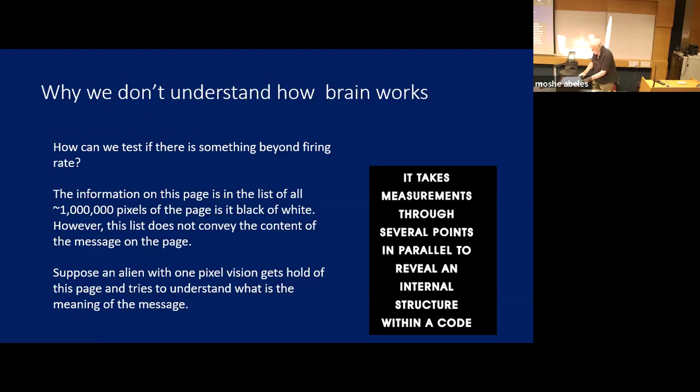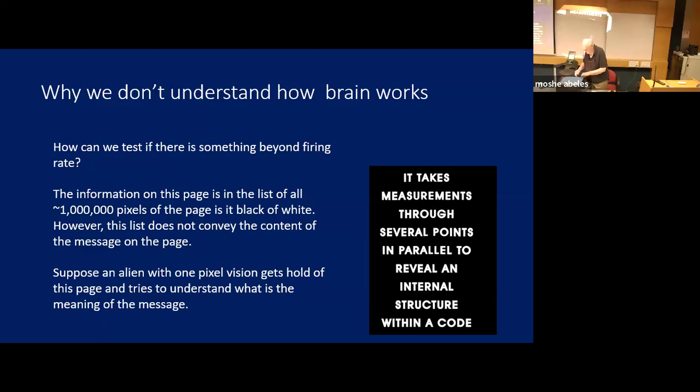Sometimes you would see a white dot, like in this case here. If you don't know anything else, you just try different positions, and there is either one black or one white dot, and you think that all there is in this text is the density of white dots, like firing rate.